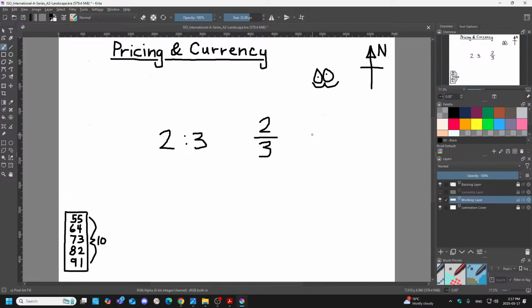Again, note that ratios do not have units.